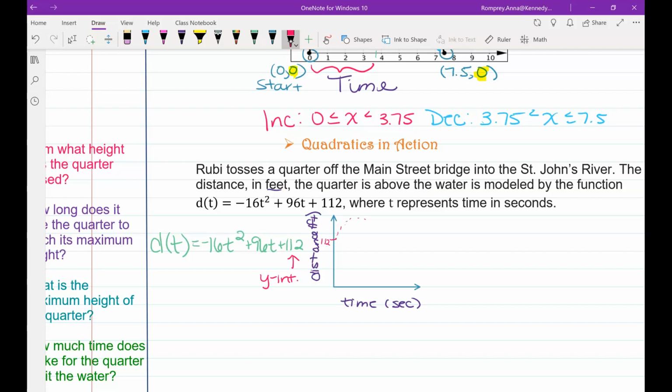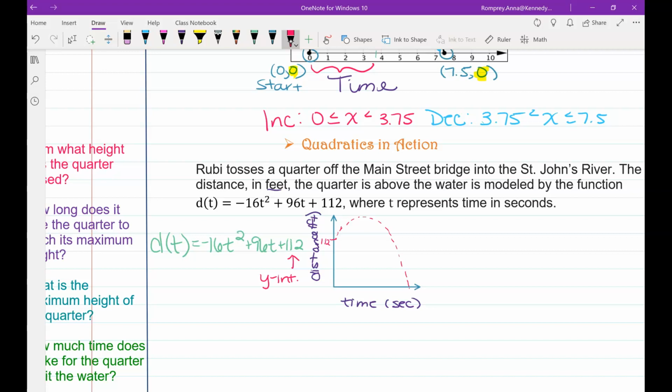So we toss the quarter up. What goes up must come down. Oh, that is definitely not perfectly symmetrical. I'm trying. All right, close enough. So what goes up must come down.